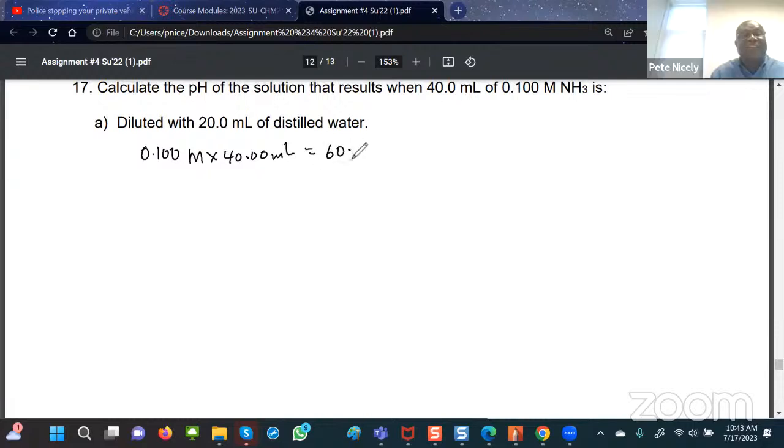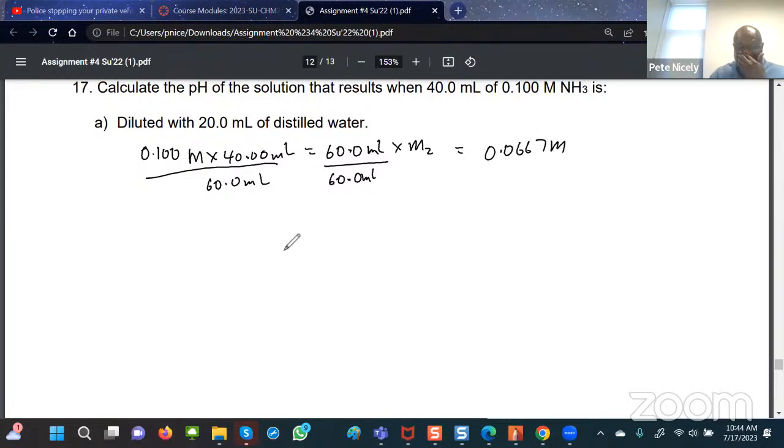Exactly, 60.0 mL times the new molarity, which would be M2, all right? So that means you'd have to divide both sides by 60.0 mL to get M2. And according to my calculation, that works out to be 0.0667 M. Okay, so now that we have done that, what's the next step?